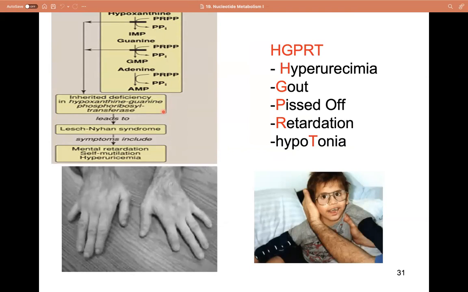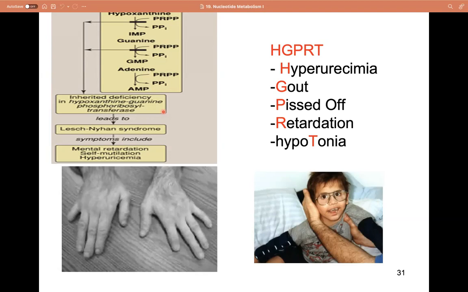If you go through this list, there's nothing that stands out more than, for example, this image on this slide. These patients have characteristic self-mutilation. They tend to bite their own fingers or their own arms, and it's unexplained why they do that.